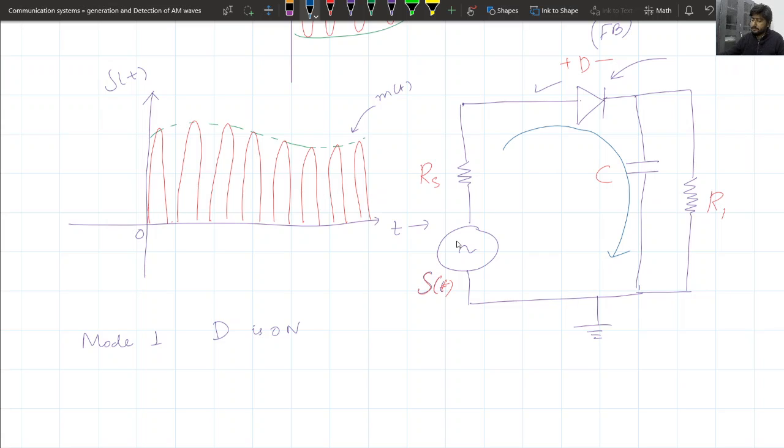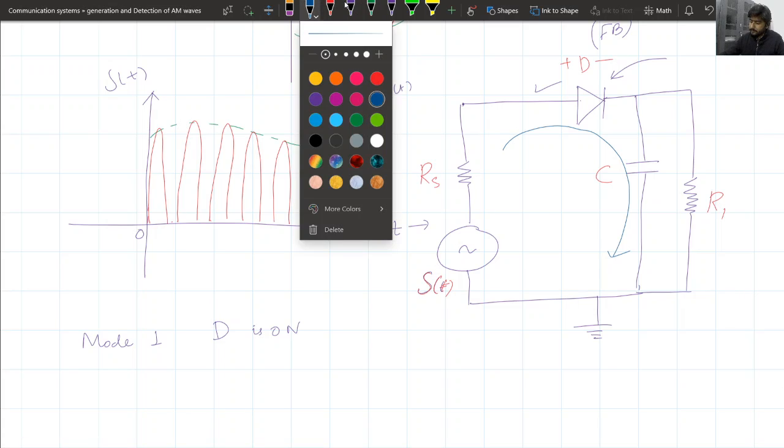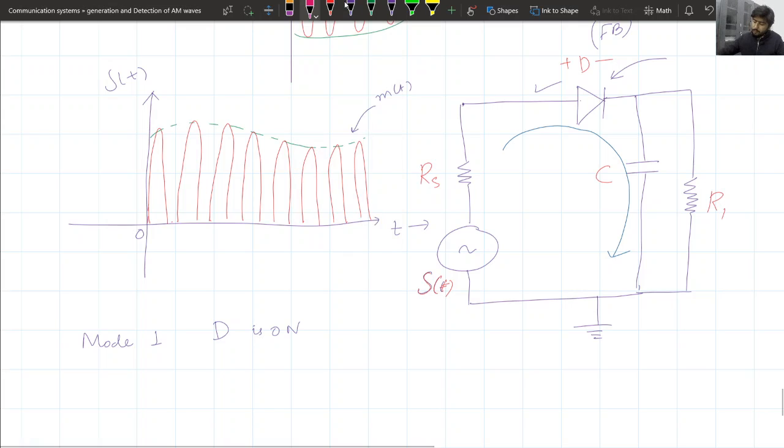If we draw the voltage across the capacitor, it will start charging.